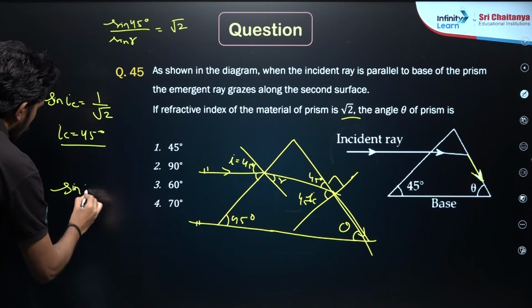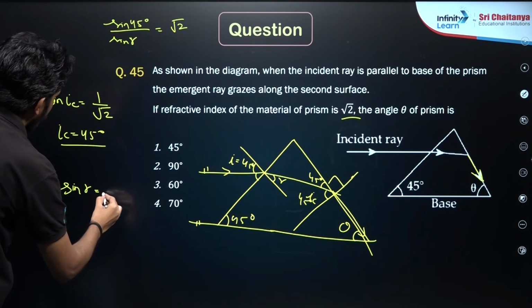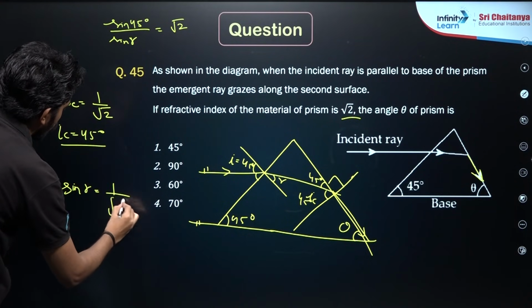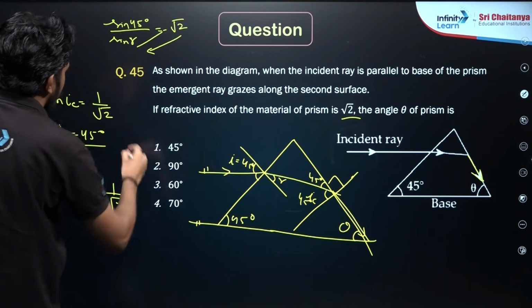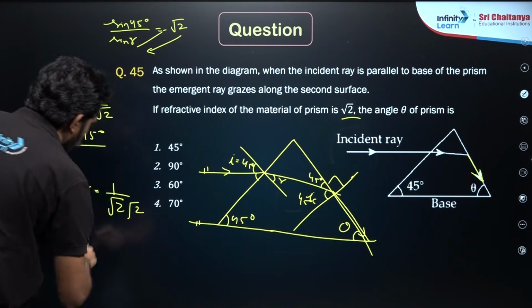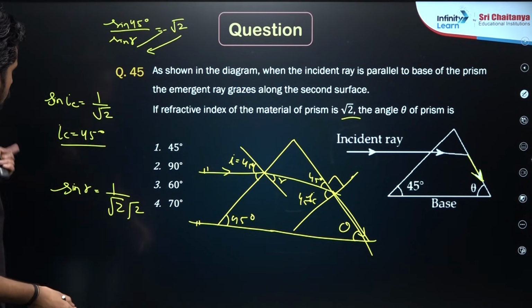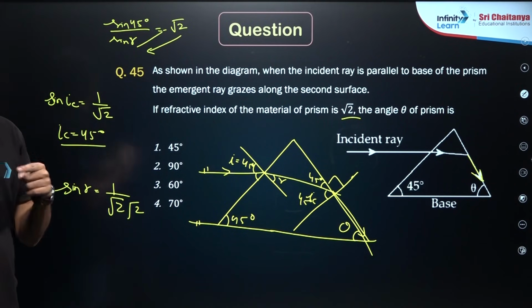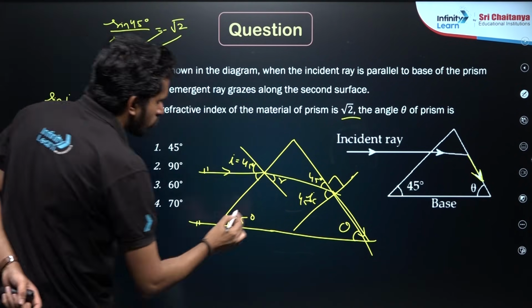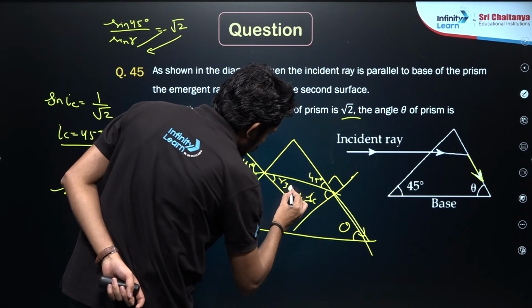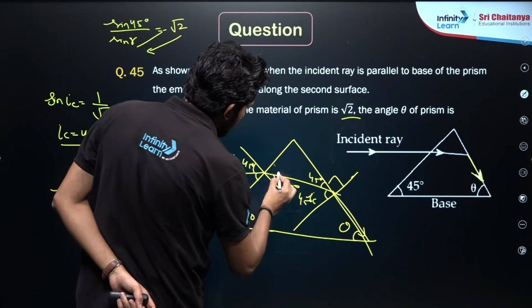So sin R is, sin 45 is 1 by root 2 in the numerator, this is in denominator. 1 by root 2 into 1 by root 2, that is 1 by 2. And sin R equals 1 by 2 means what? Sin R equals 1 by 2 means 30 degrees. So this is 30 degrees.